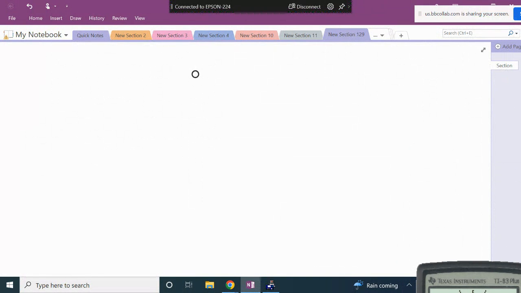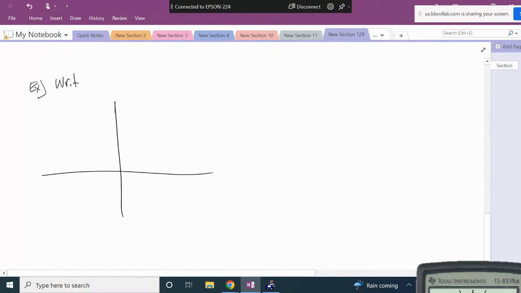I'm not going back and forth because I can cut off the recording. So here is the first sketch. The directions say write the equation. So 1, 2, 3, 4, 5. I'm just going to go out to 5 in all directions.